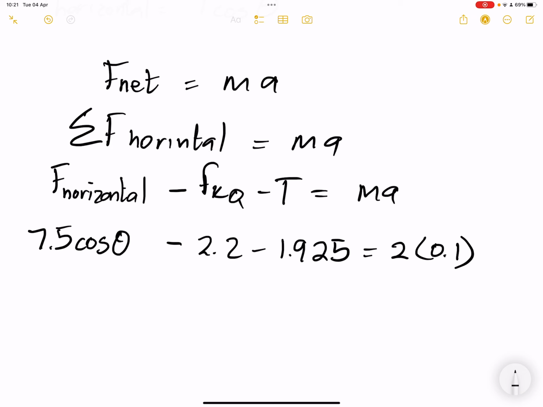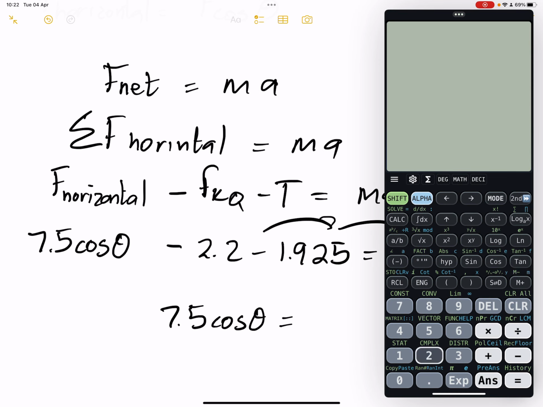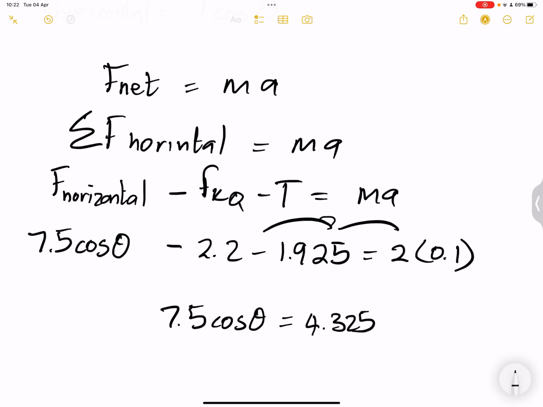Okay, so let's try and find the angle theta. So 7.5 cos theta. I'm going to take everything to the other side. That becomes positive. So I will have 2 times 0.1, plus 2.2, plus 1.925. Okay, I get 4.325. And in this case, all I'm going to do is divide both sides by 7.5.